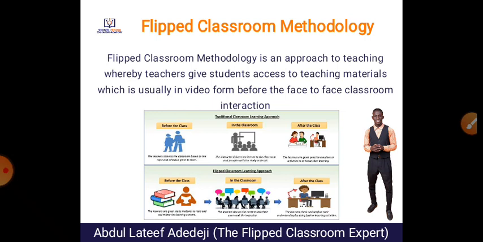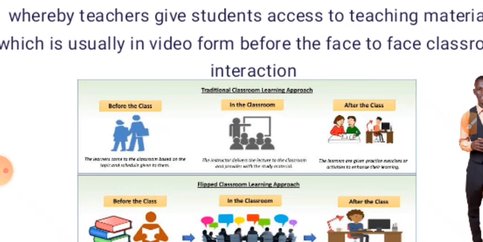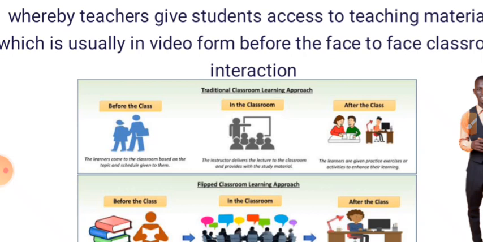If you check the picture here, in the traditional classroom learning approach, the learners come to the classroom based on the topic and schedule given to them. They don't know anything about the topic before. Then the instructor delivers the lecture to the classroom and provides them with the study material. Then after the class, the learners are given practice exercises or activities to enhance their learning.